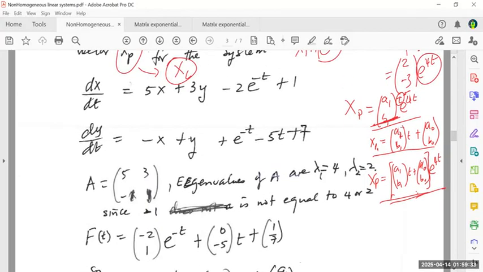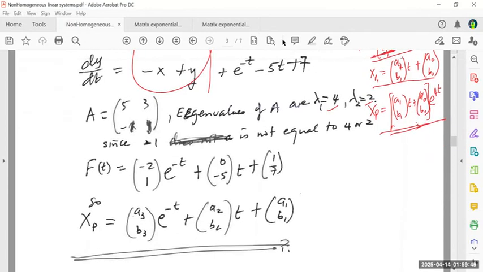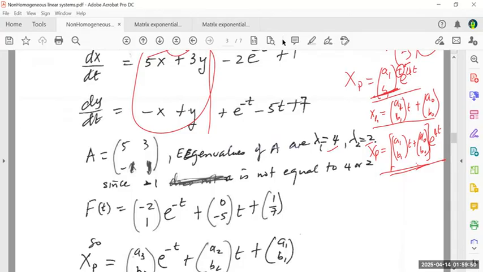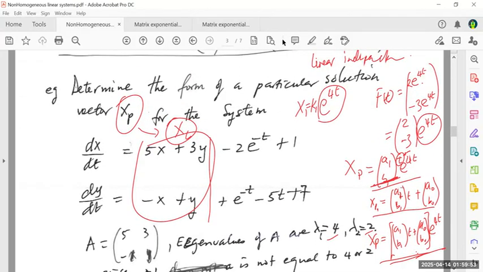So let's look at the homogeneous system and extract from it our coefficient matrix, and then we can find the eigenvalues, and we then look at what is in f of t.